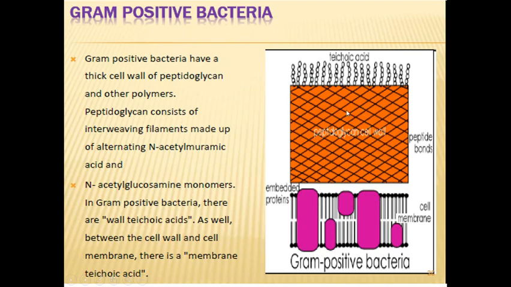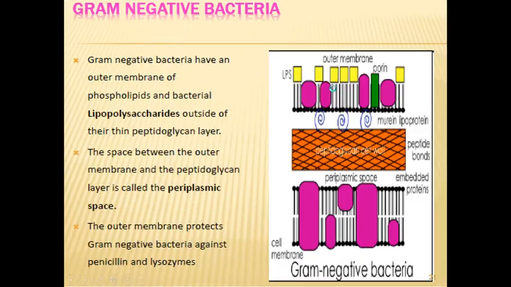Already I explained, gram positive bacteria contain low lipid but high peptidoglycan. Here these are the lipid molecules, these are the proteins, these are the peptidoglycan layers, this is a part of the cell wall, and teichoic acid. So this is the typical structure of the gram positive bacteria.